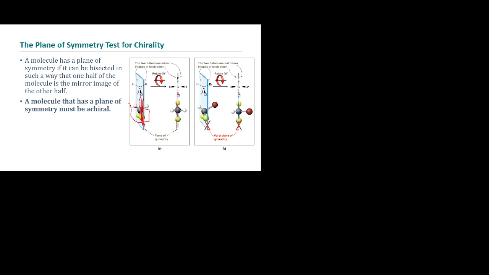So even though it's got chlorine and fluorine, 2 different atoms, we only have 3 different things, or we have a plane of symmetry in it, right? The hydrogens and this carbon here make that symmetric.